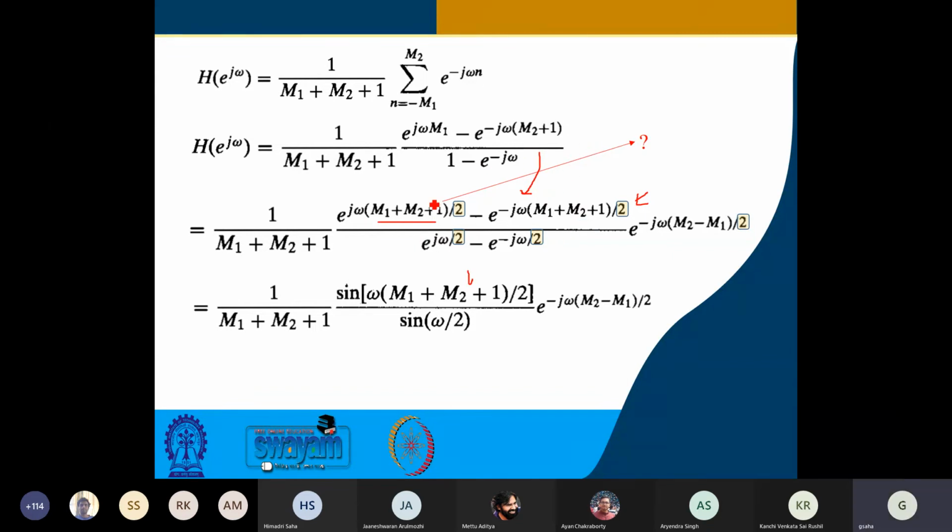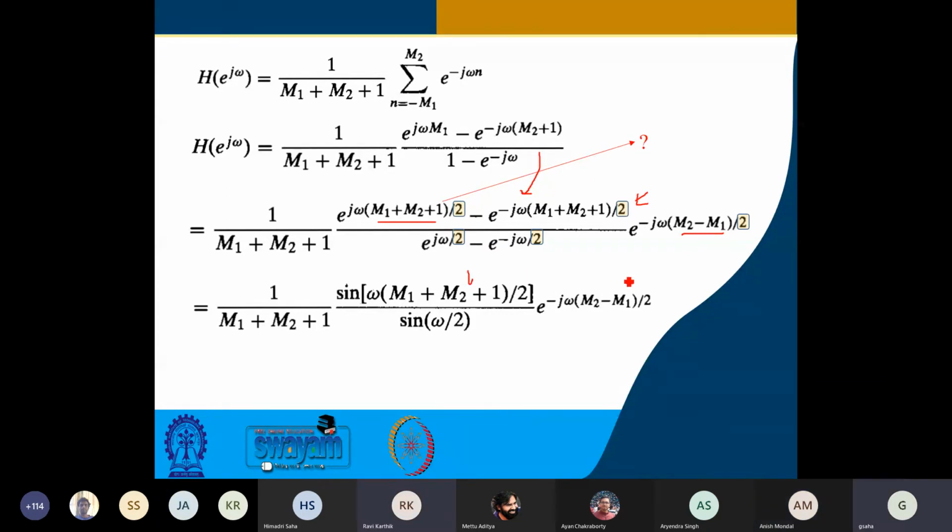Here I understand, here this was only M1. This is M2 minus M1. So there is an additional term e to the power j omega here, or j omega by 2, so as to say. Sir, it is a half, not a 1, right? So the 1 has been divided into half and half into the two terms. We multiplied it in the denominator actually.